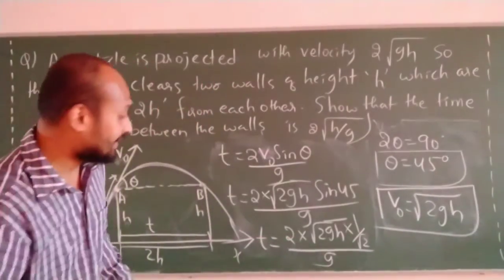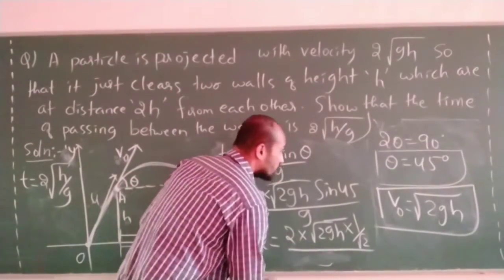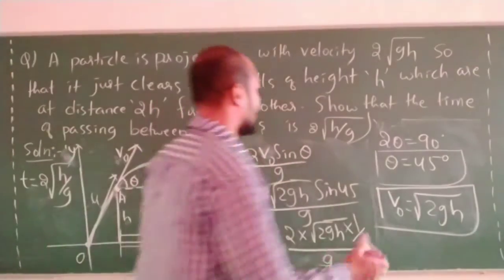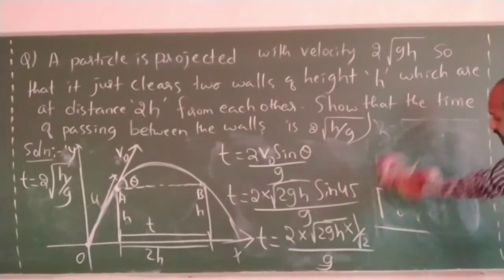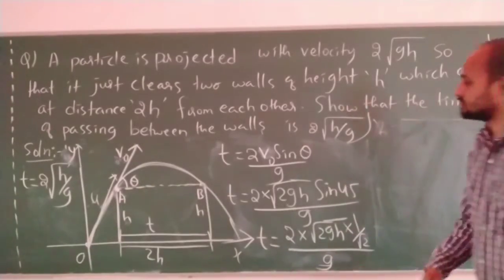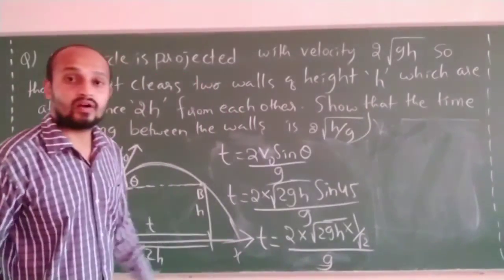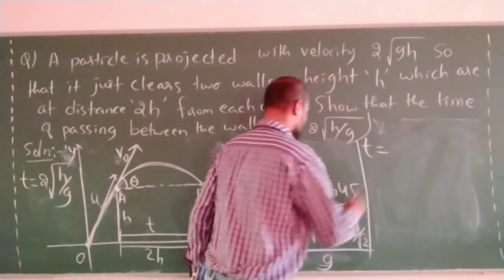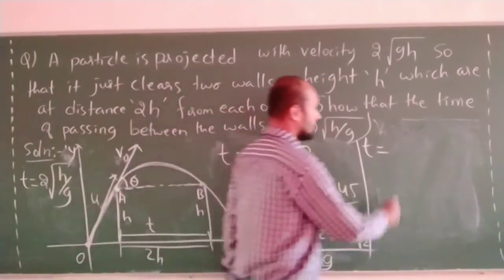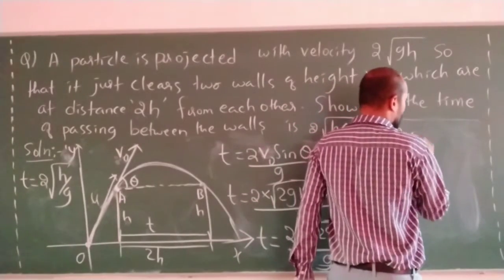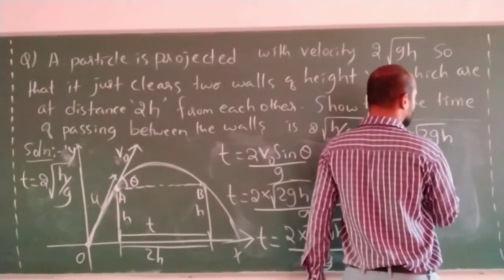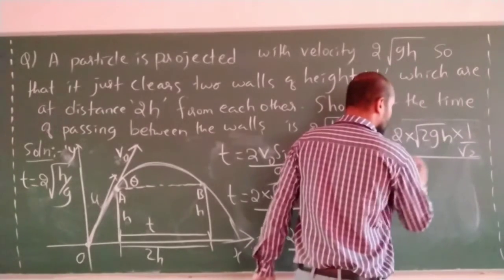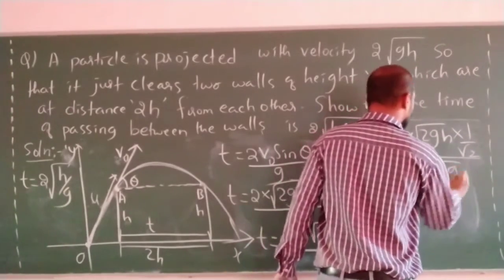Next step. What is that? This T will be equal to how much? T will be equal to 2 into root of 2gh into 1 by root 2 divided by root g into root g.